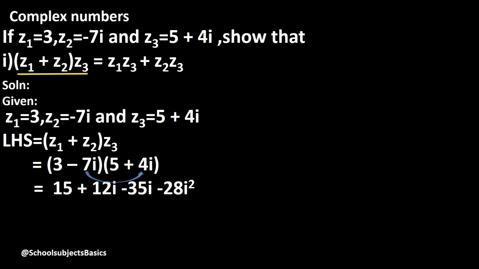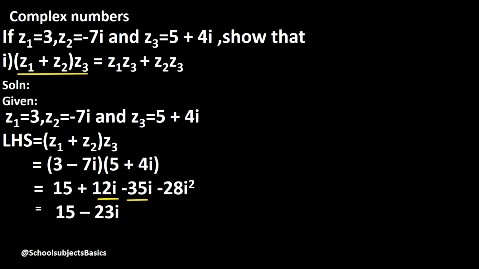So now the values are multiplied and we have to write each value. Here 15 is a constant, so it is written as it is. Next, 12i minus 35i. Both have the same i, so we subtract and put the sign of the greater number, that is minus 23i.